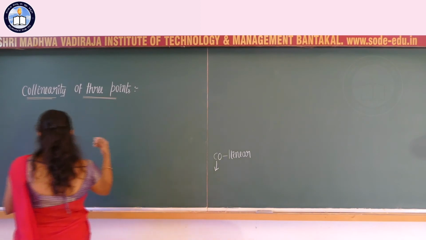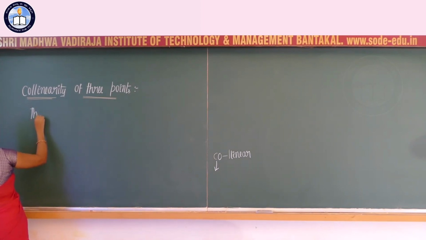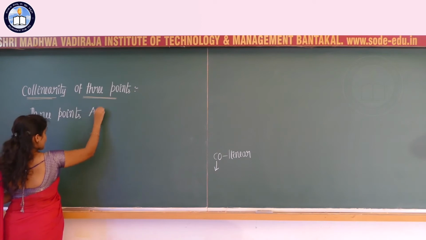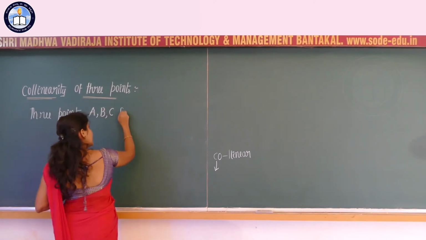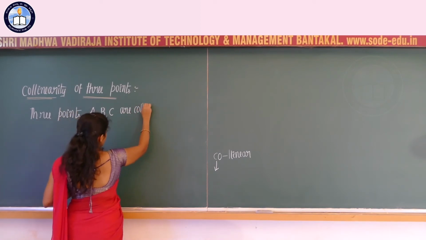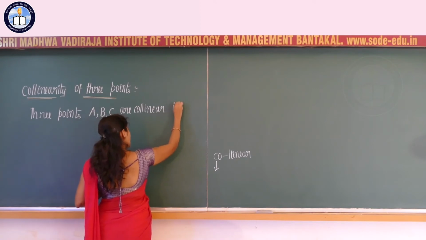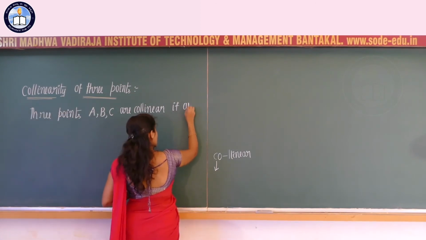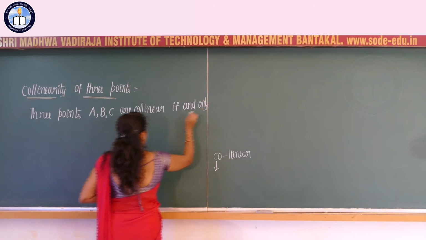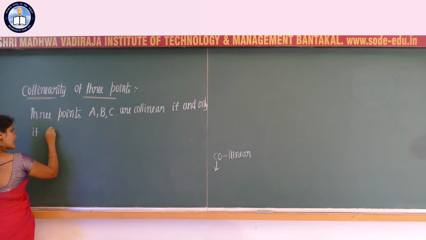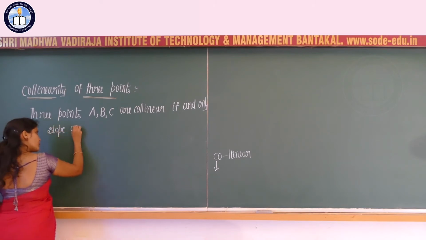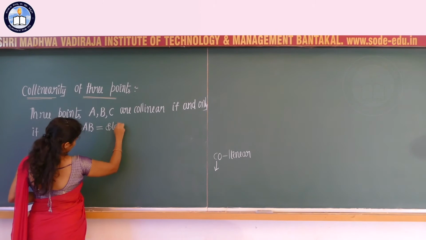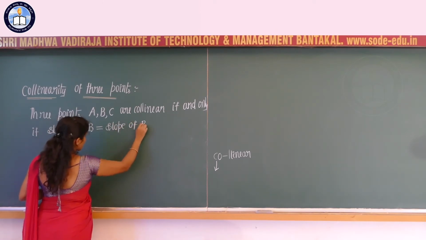Let us consider this definition: the 3 points A, B and C are collinear if and only if the slope of AB is equal to the slope of BC.